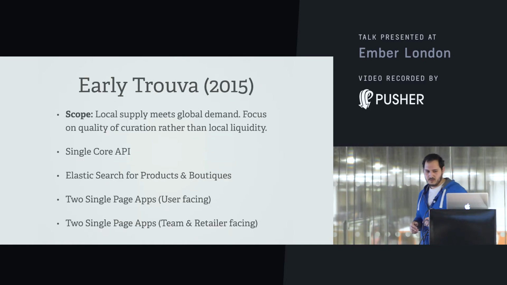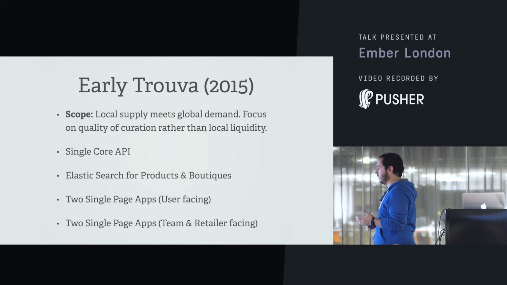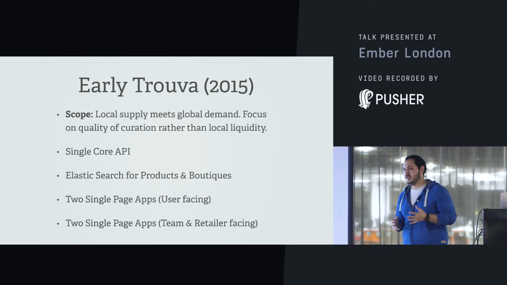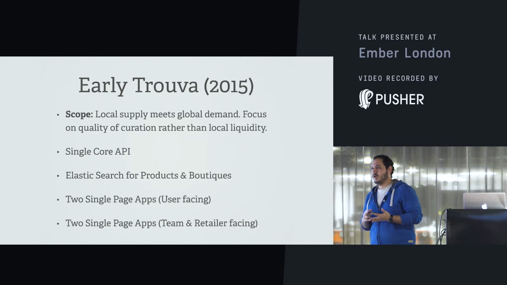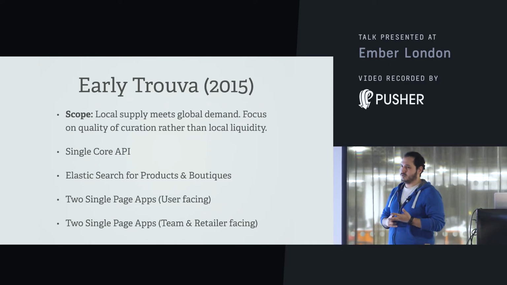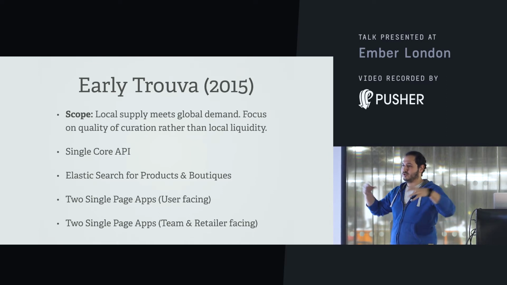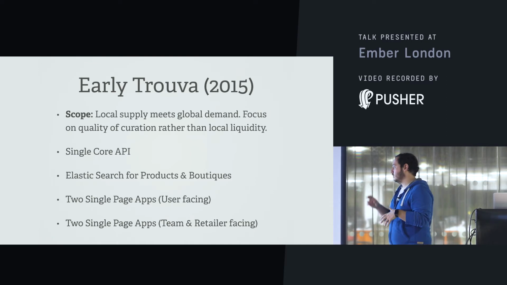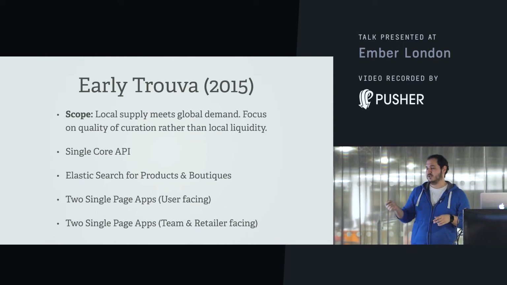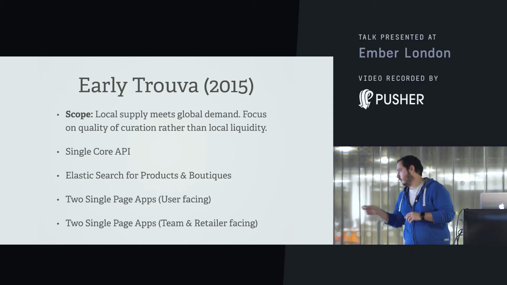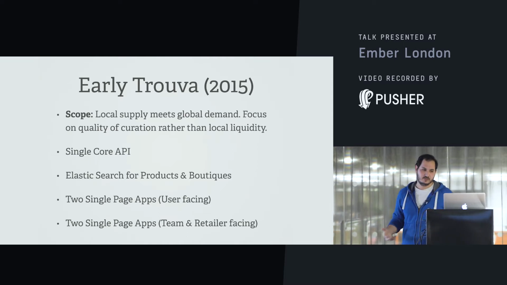So in early 2015, we decided that we really want to focus on delivering great products. And the only way that we wanted to do that and expand it globally, not just locally within the UK, was to focus on the quality of the curation and start shipping internationally, rather than just focusing on the local liquidity.